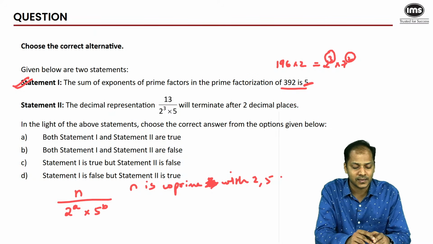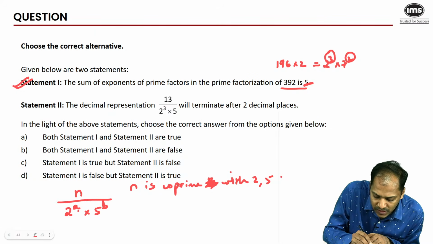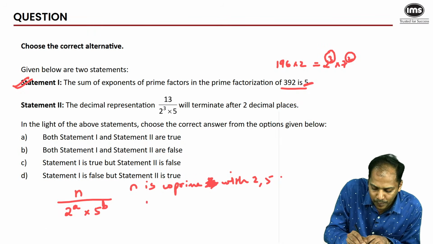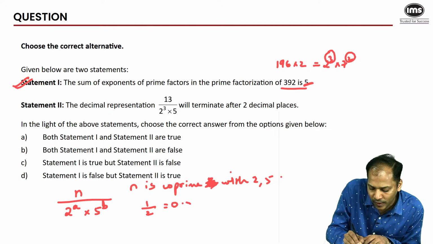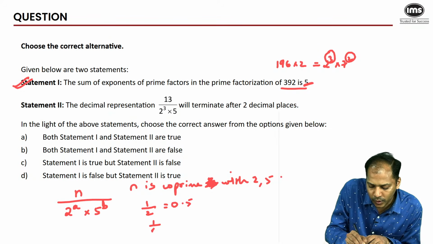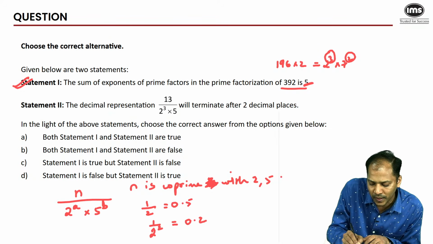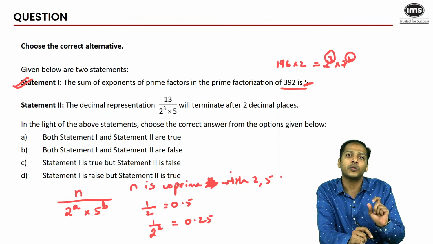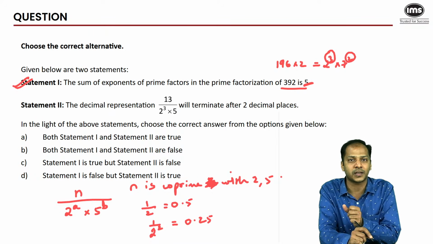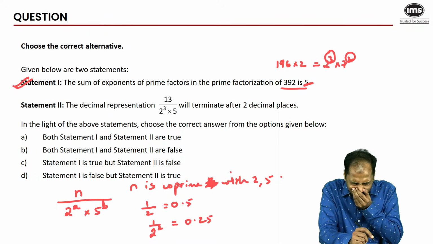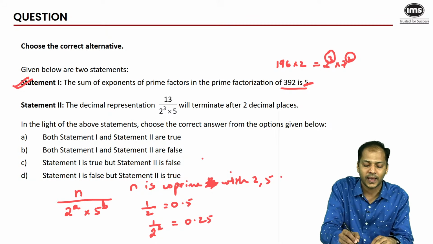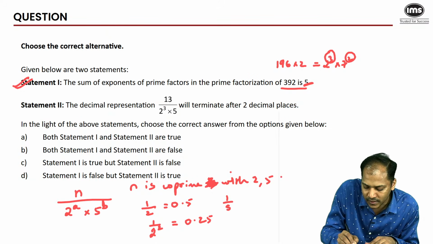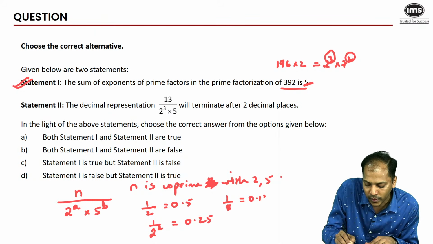In that case, whichever power is greater, it will have that many decimal places. For example, 1 by 2 has 1 decimal place. 1 by 2 square, that is 1 by 4, has 2 places after the decimal. 1 by 2 cube, that is 1 upon 8, has 3 places after the decimal point, which is 0.125.